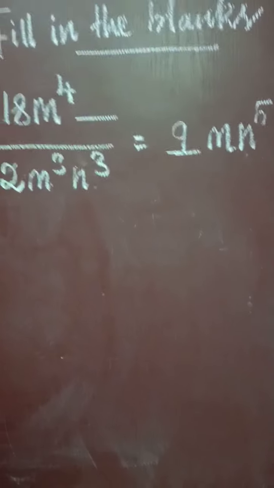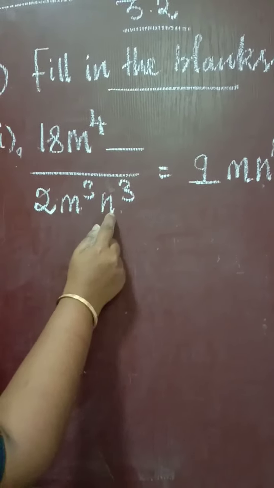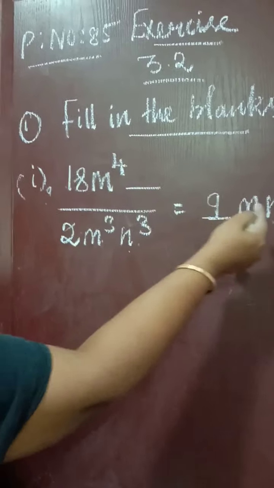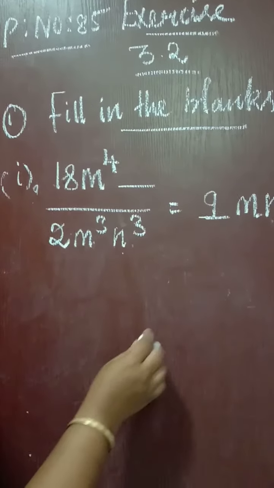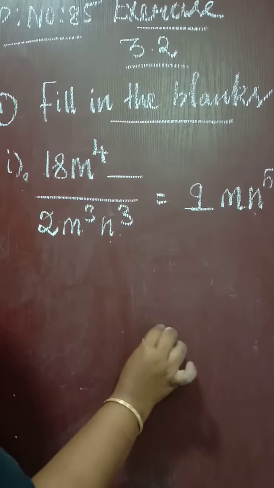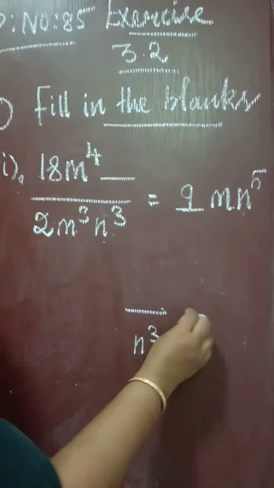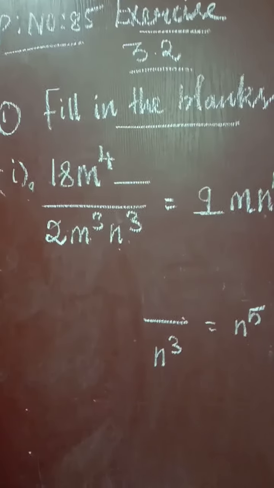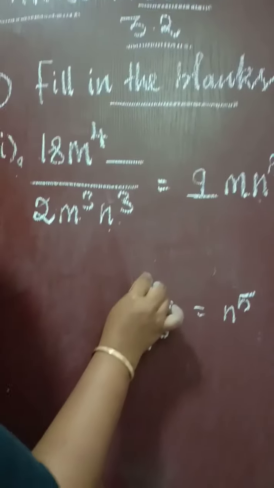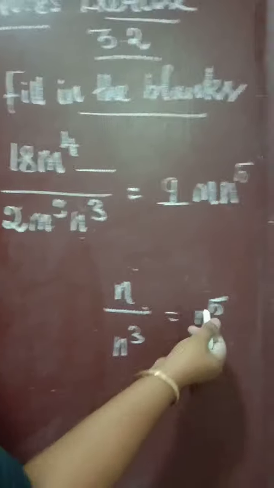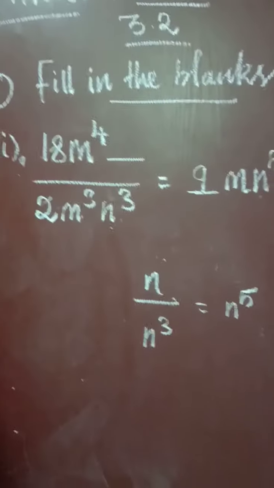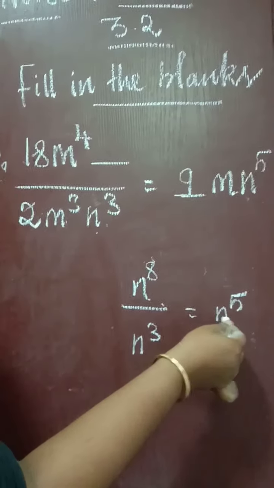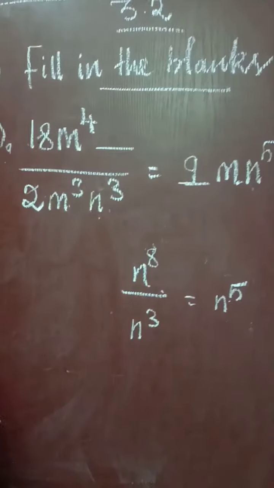Can anybody say the answer? Here n power 3. How many n's come? The answer is n power 5. Here if we put 8, then 8 minus 3 is 5.